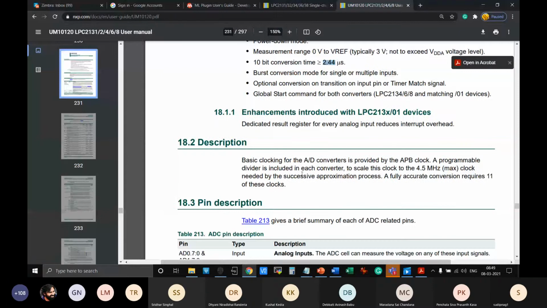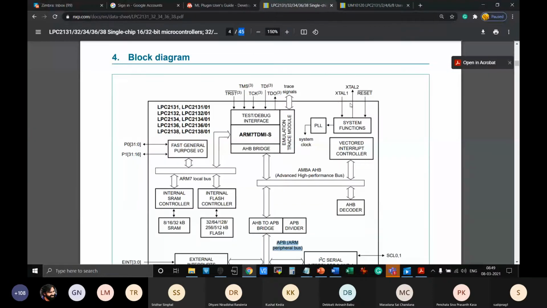Now for every peripheral, whichever peripheral we are talking about, it must be receiving the clock signal from the core of the microcontroller. So what is the core clock? There is a phase lock loop and system functions through which the crystal oscillator is connected; the crystal is connected outside, the oscillator is inside the chip.